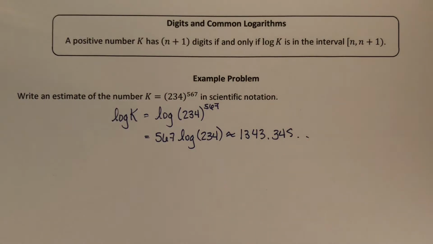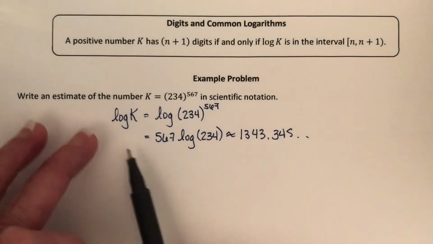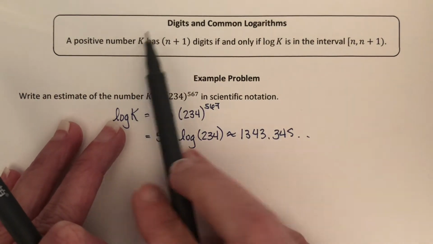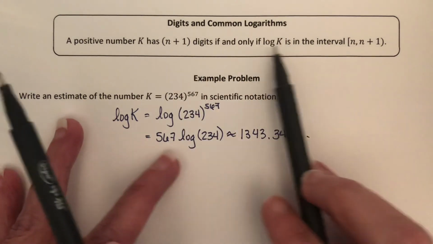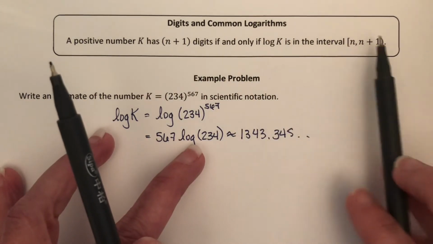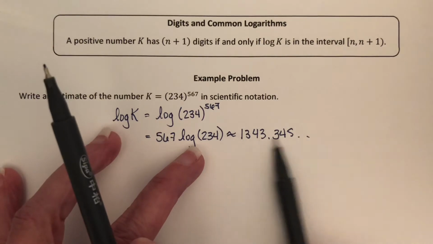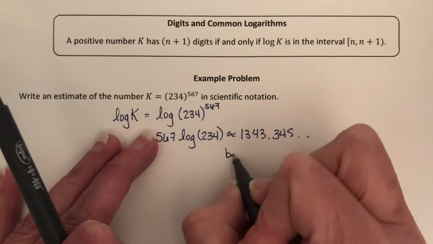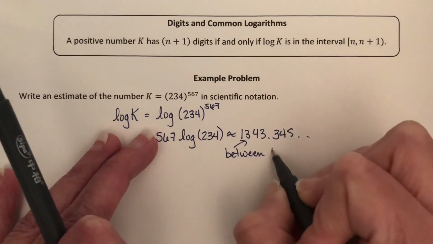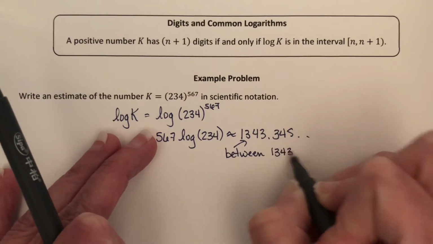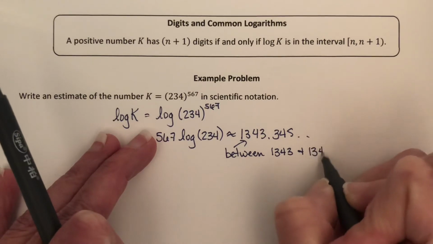So what have I just done? What do I know? k has n plus 1 digits if this value is between n and n plus 1. Well, this number is between 1343 and 1344.